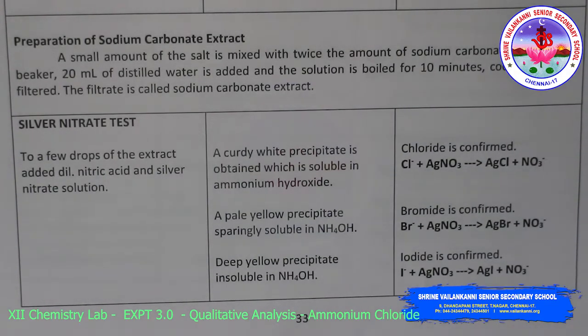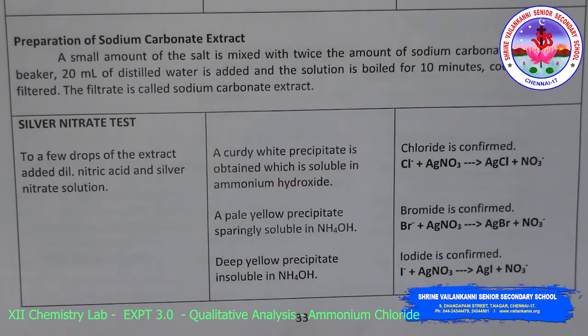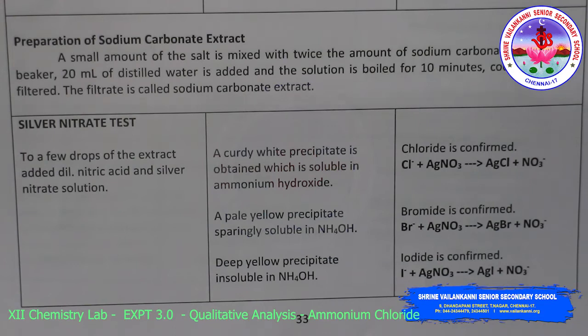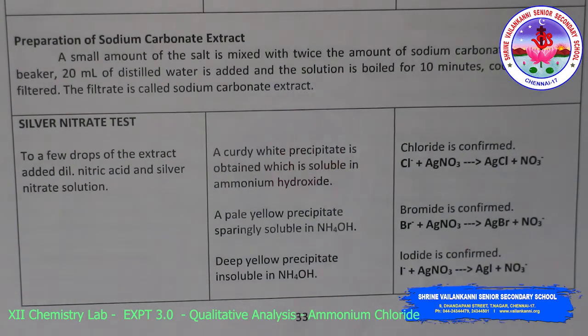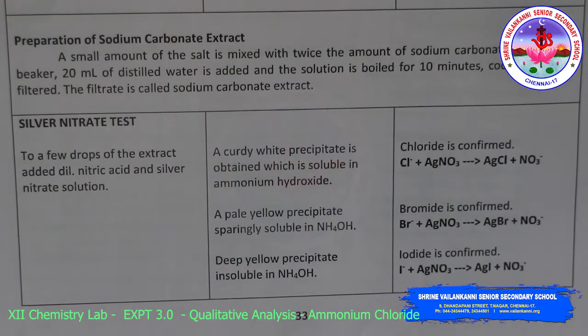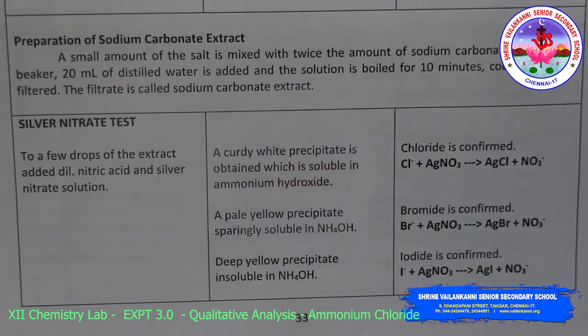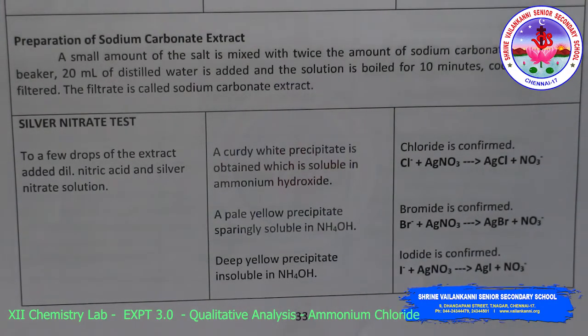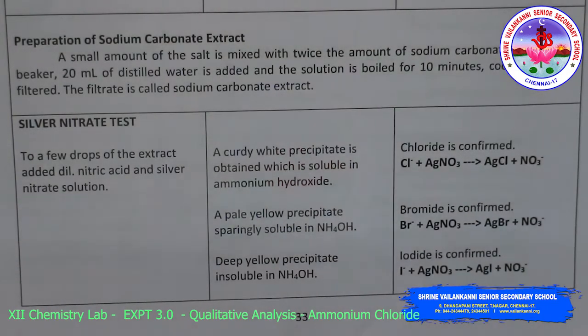After preparation of the sodium carbonate extract, you have to do some experiments with the extract solution, that is identification of acid radicals and also confirmation tests for acid radicals. Here is the silver nitrate test. Take the extract and add dilute nitric acid and a few drops of silver nitrate solution.